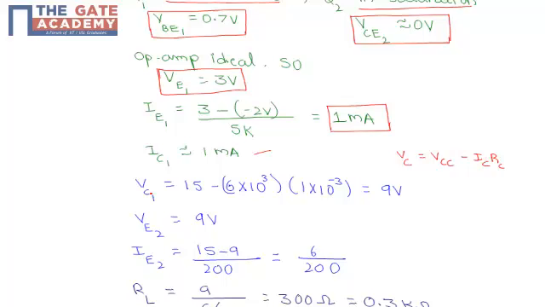So for transistor 1, VC1 is equivalent to 15, the power supply, minus 6K, the resistance value, into IC1, the collector current. If you simplify this, we get 9 volts. So VE2 is also 9 volts.